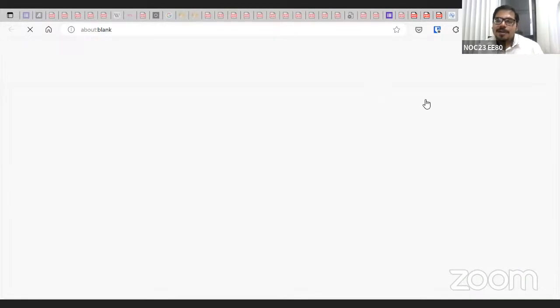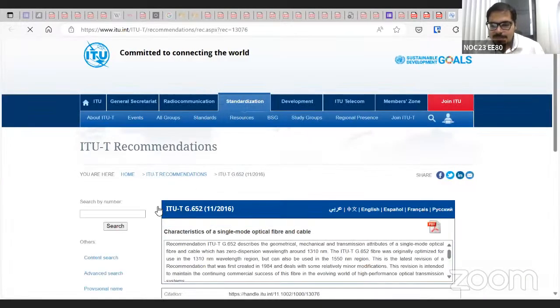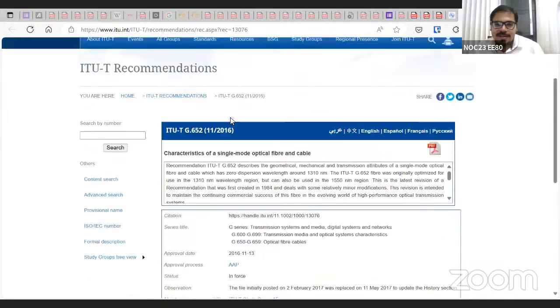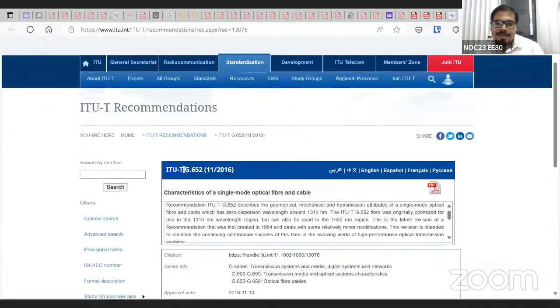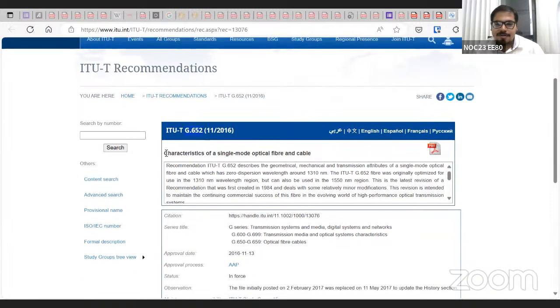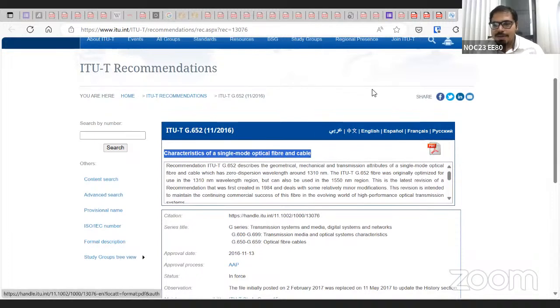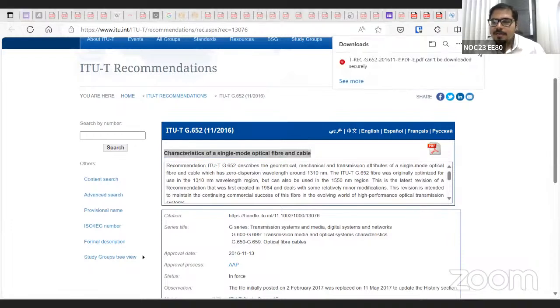If you're curious, you can look at the specifications for single mode fibers. ITU-T is concerned with optical fibers, those specifications. Other branches may give recommendations about wireless networks and all. And G652 is for characteristics of single mode optical fibers. If you want, you can look at the PDF if you're curious.